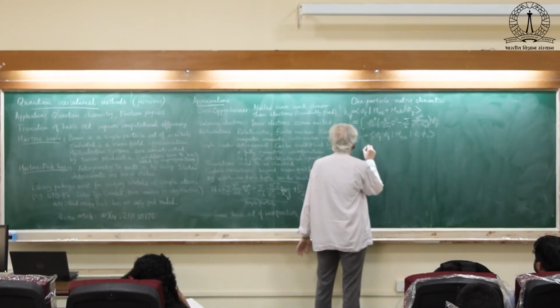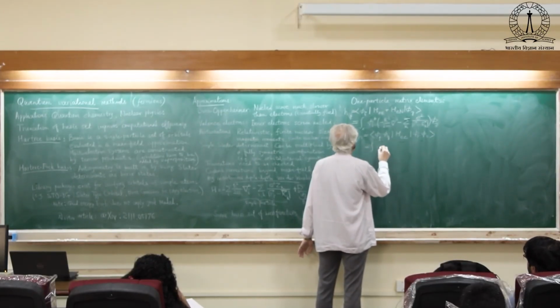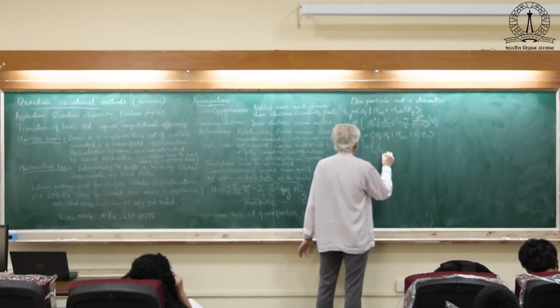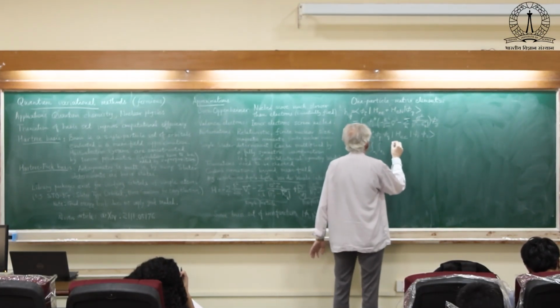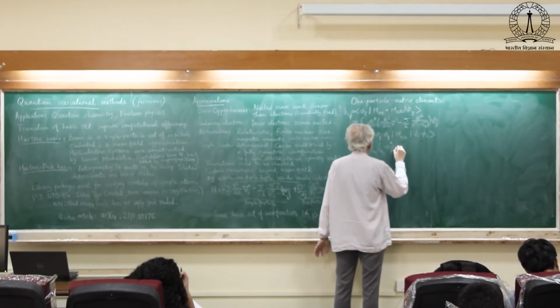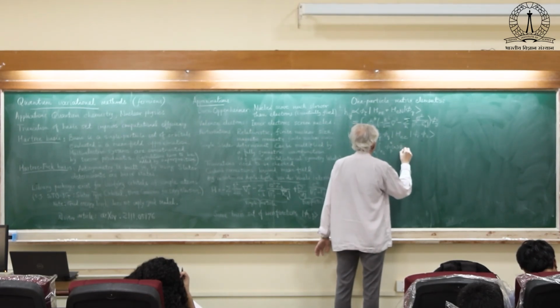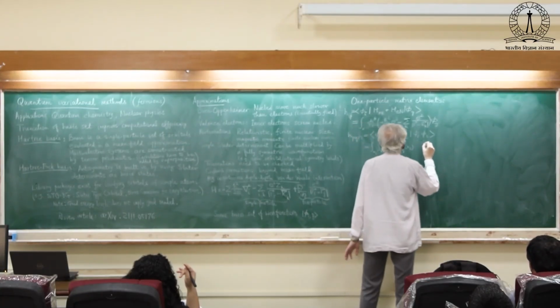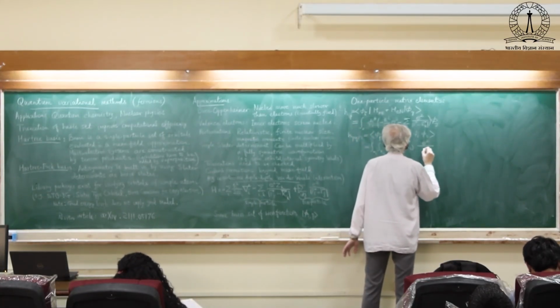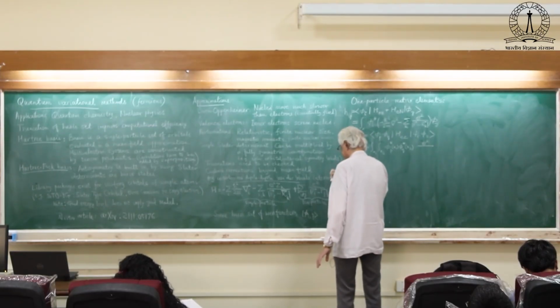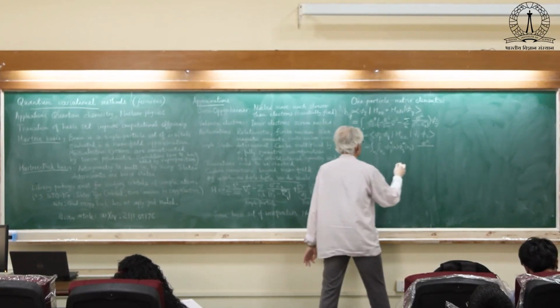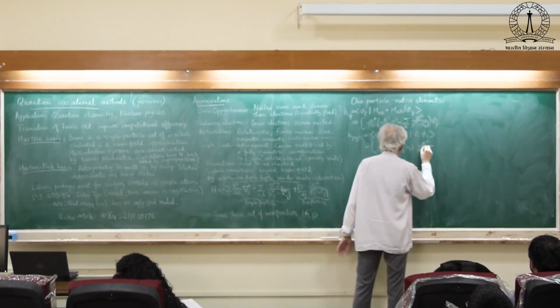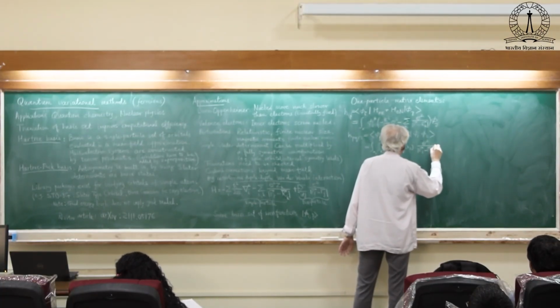And this will be now a double integral over x1 and x2, and it will have phi p star of x1, phi q star of x2, times this e square over r1 minus r2.